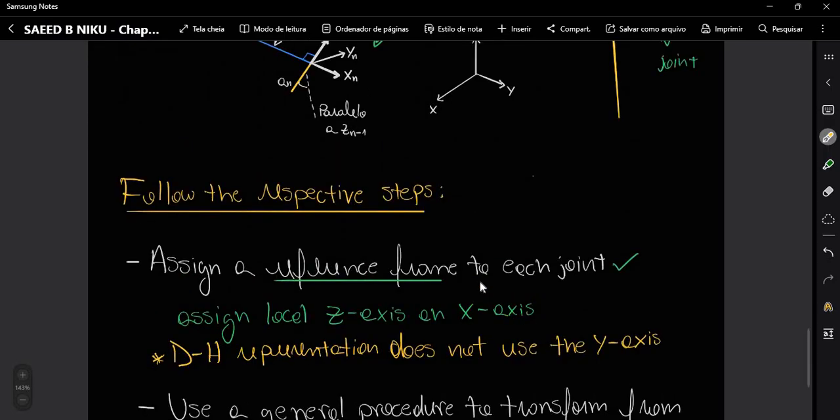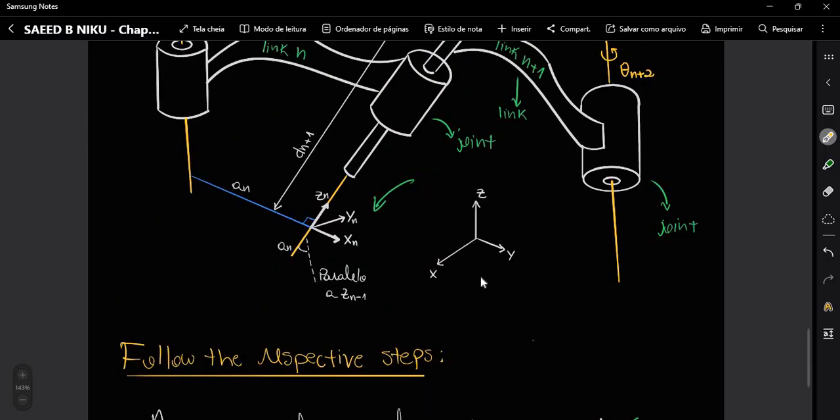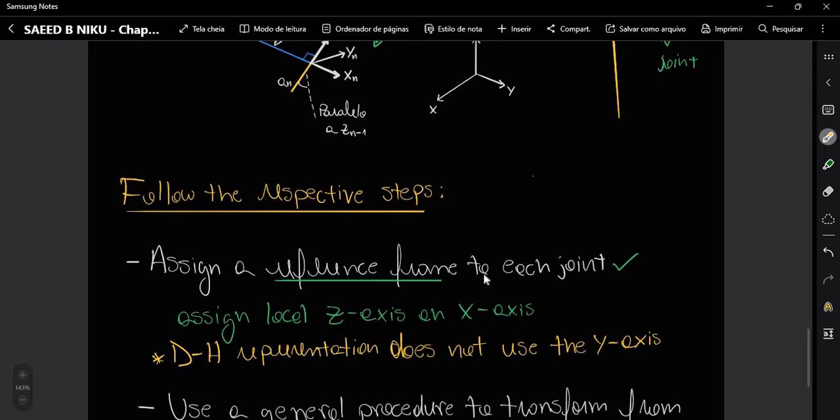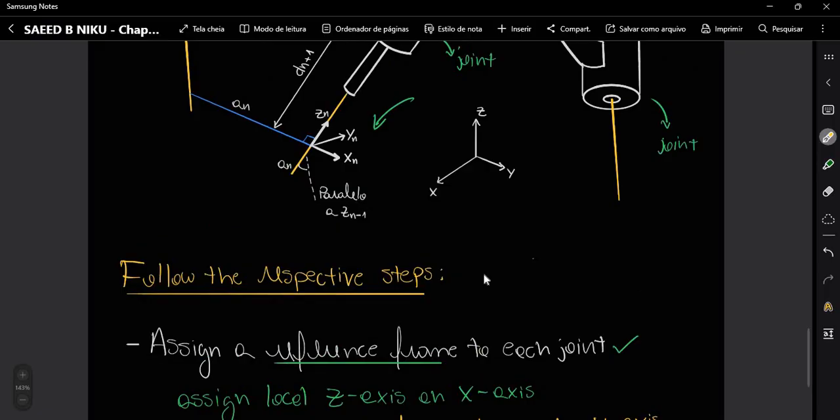So we just checked these first requirements, which is to assign these designators, the axes z and x, which is the reference frame. And we do not need to use the y-axis.